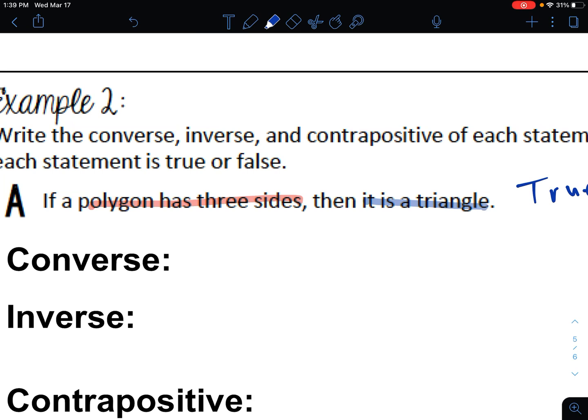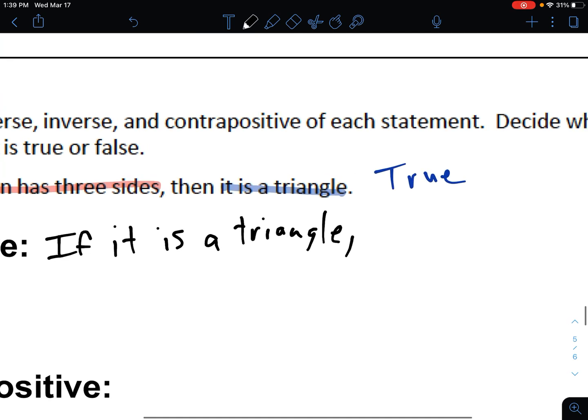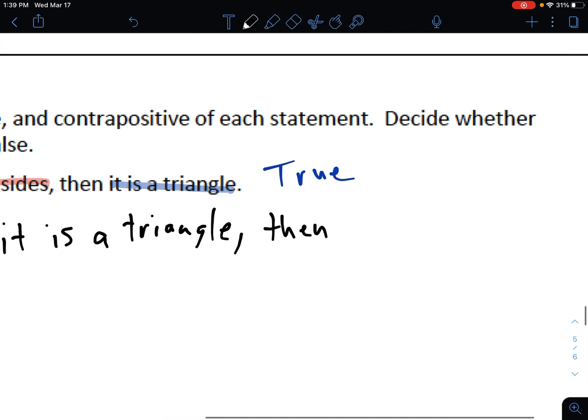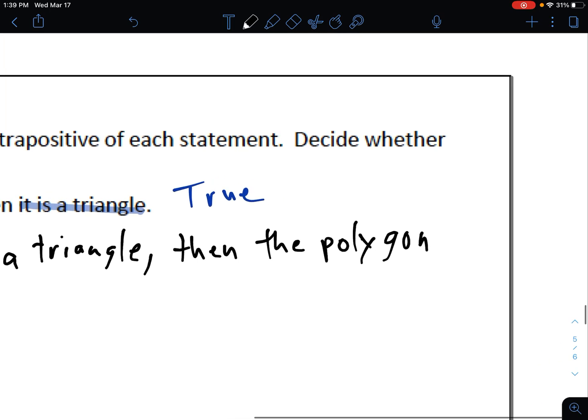So when we do the converse, we just flip-flop the way we're writing them. So we would say, if it is a triangle, comma, then the polygon has 3 sides.